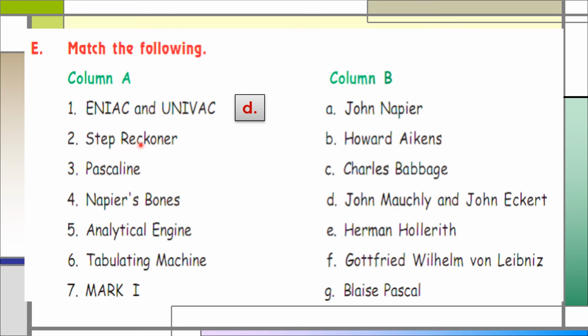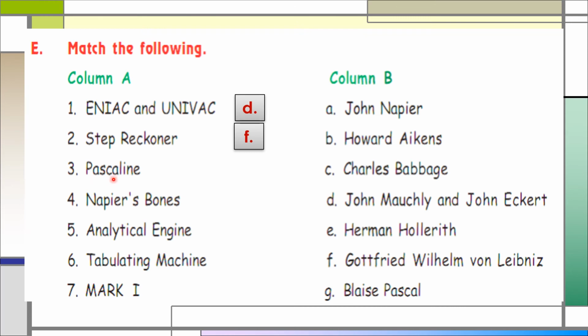Number 2. Step reckoner. F. Gottfried Wilhelm von Leibniz means that step reckoner machine was invented by Gottfried Wilhelm von Leibniz.